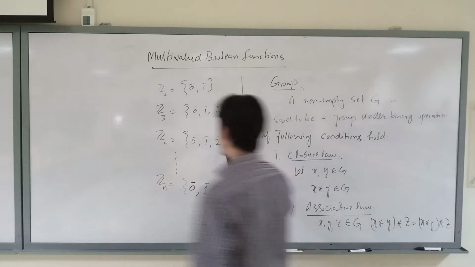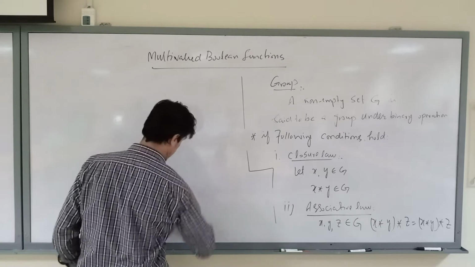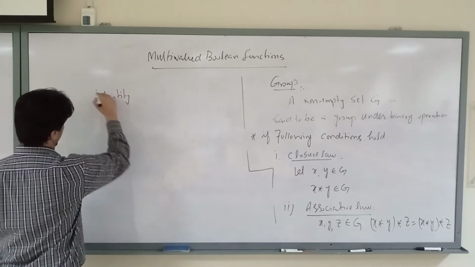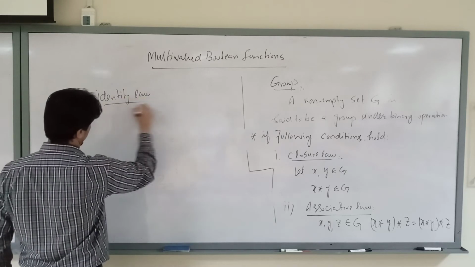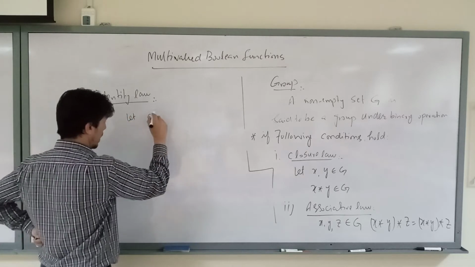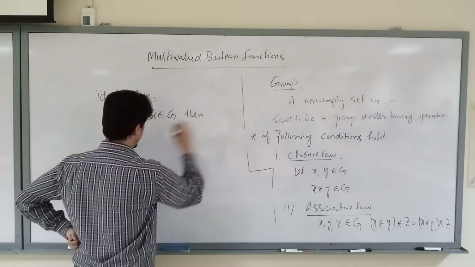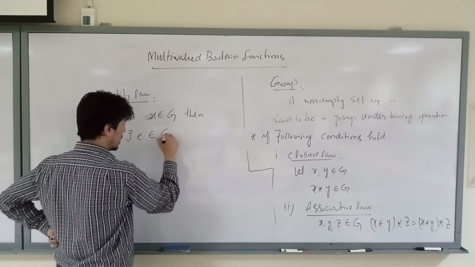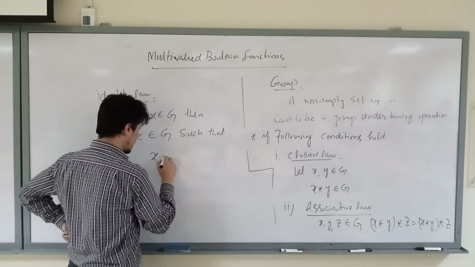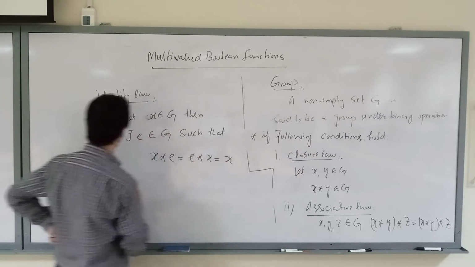Another one, identity. Let x belong to G, then there exists e belonging to G such that x star e or e star x is x.